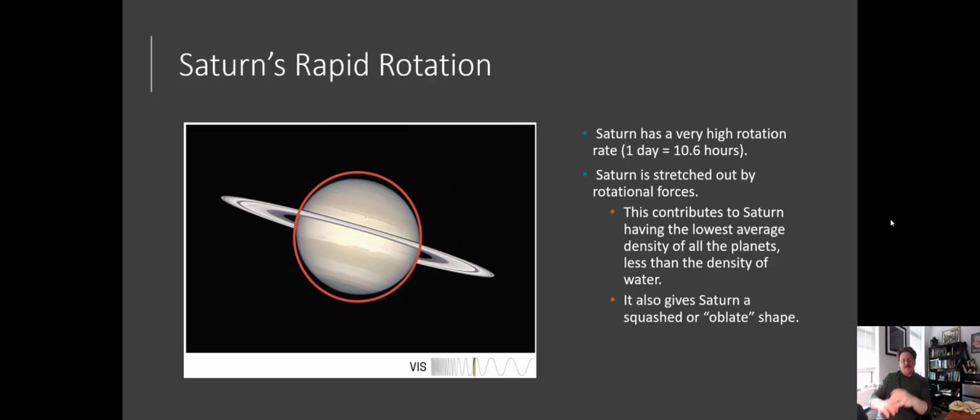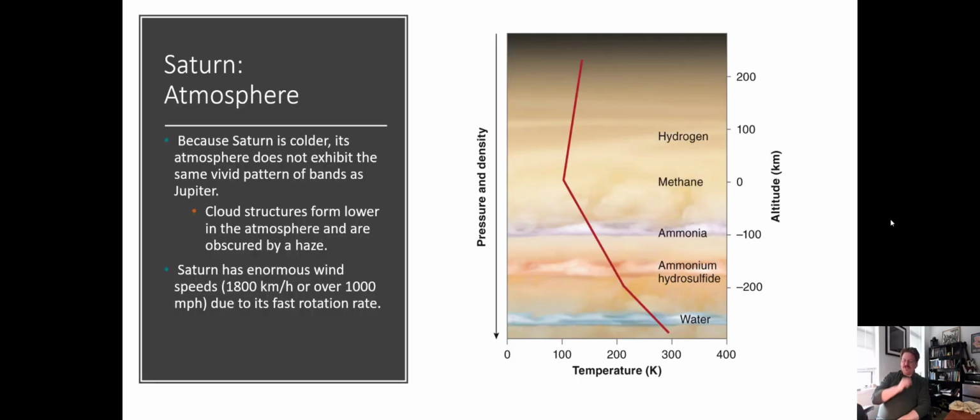It is much more extended at the equator than it is at the poles. The red circle is to guide your eye, but many people see Saturn as more oblate than it actually is, and that's simply an optical illusion of the ring system. And as I said before, that rapid rotation is what contributes to the low density of the planet.